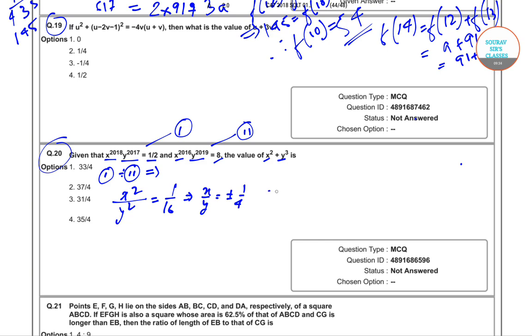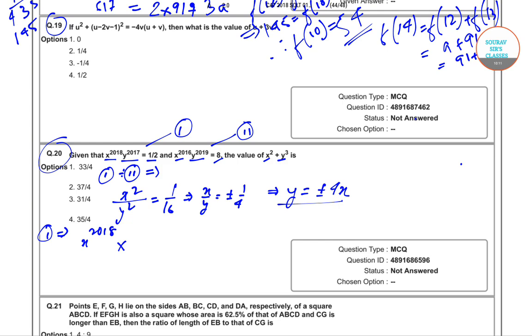Okay, and that implies that y will be equal to plus minus 4 of x. So now if we use this in equation 1, x to the power 2018 into y to the power 2017.